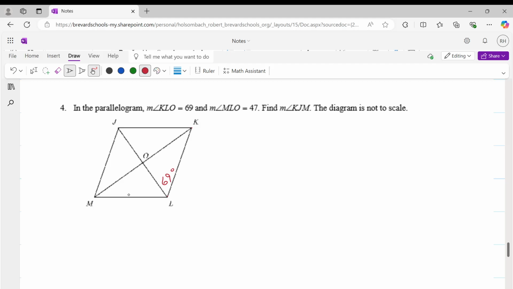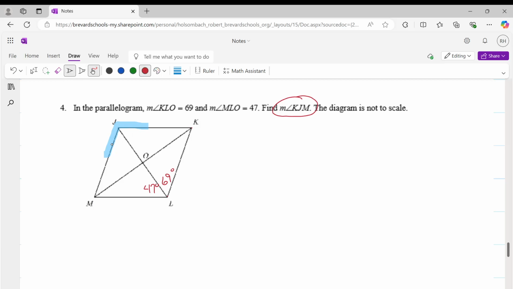So we start at M, we go to L, and then up to O. So this angle is 47 degrees. Find the measure of angle KJM. So we need KJM, K to J to M is this big angle right here.